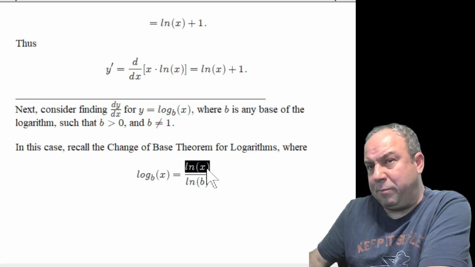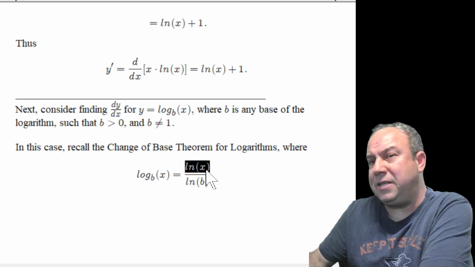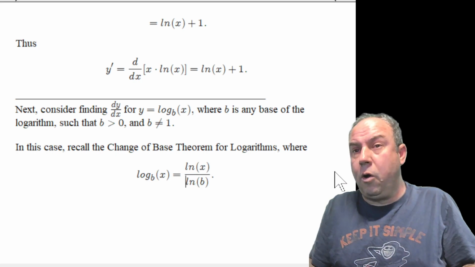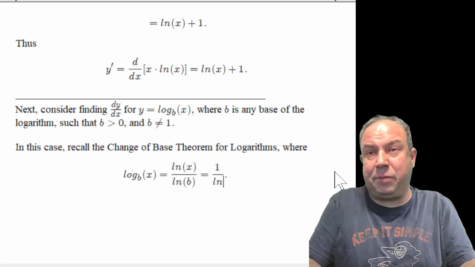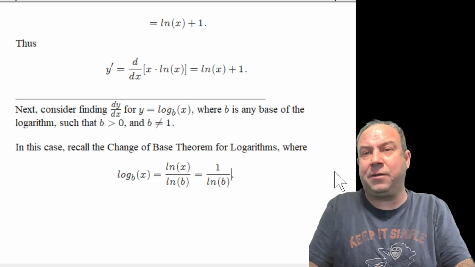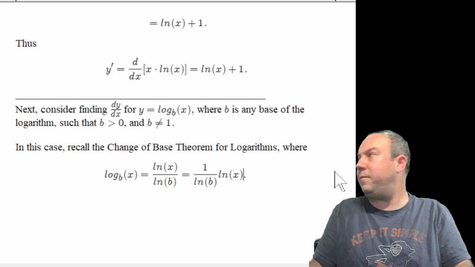Since we can use any base, we can use the ln's base, the base of e, and consider that the log base b of x is simply, from the change of base theorem, the ln of x divided by the ln of b. Or if we want, we could even say that this is equal to 1 over the ln of b, because that is going to be a constant value, times what's going to be the ln of x in our result.